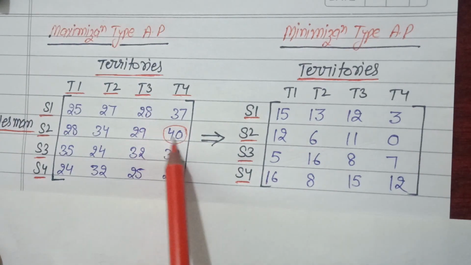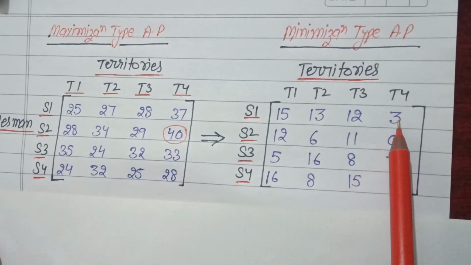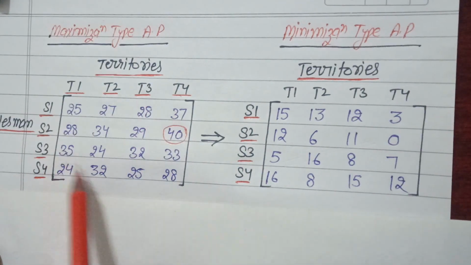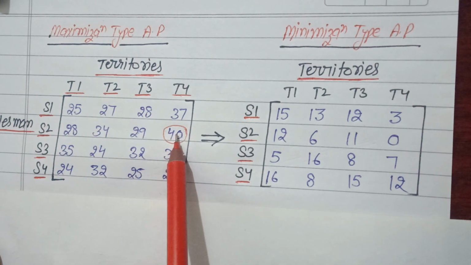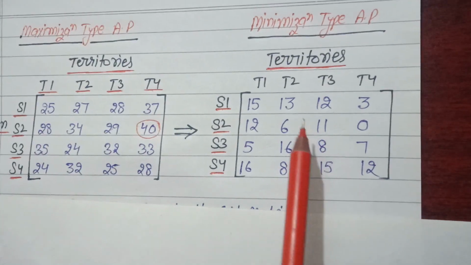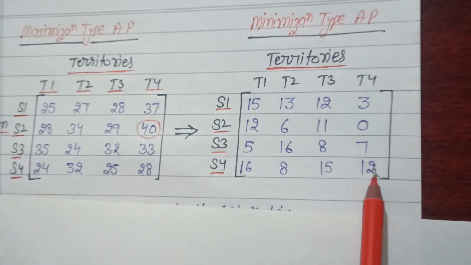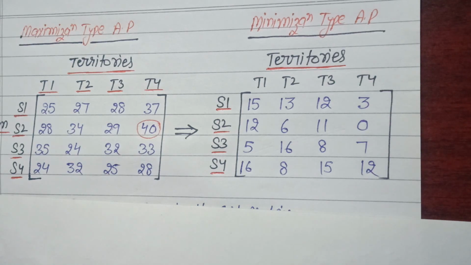Subtracting 28 from 40, you will have 12, and subtracting 37 from 40, you will have 3. Similarly, if you subtract all these elements from this 40, this will be the new minimization type of assignment problem. Now we will move to the next step.